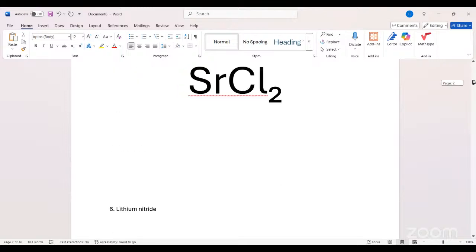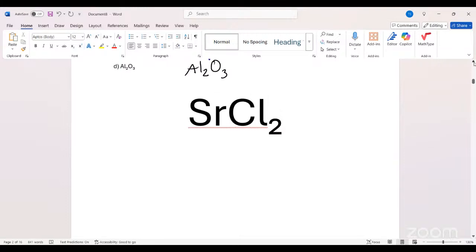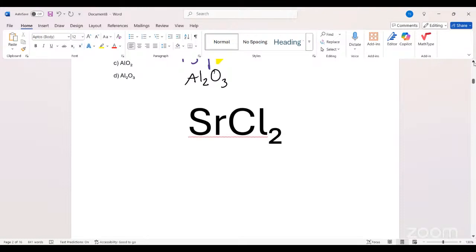You've got Sr, and then Cl2, okay? What you need to keep in mind is that the first element here is a metal. So if you were to look at your periodic table, you will know that the first element is a metal.